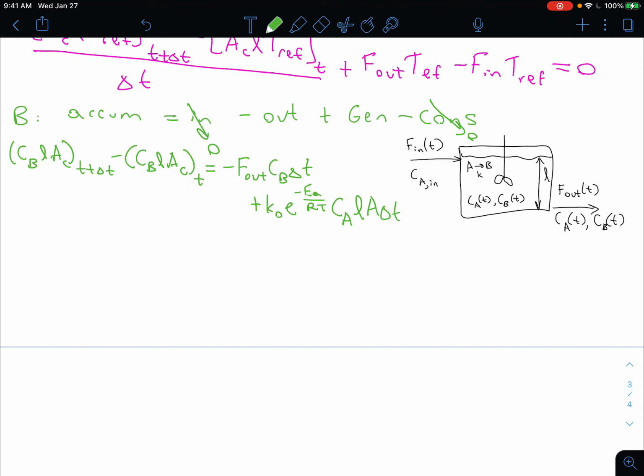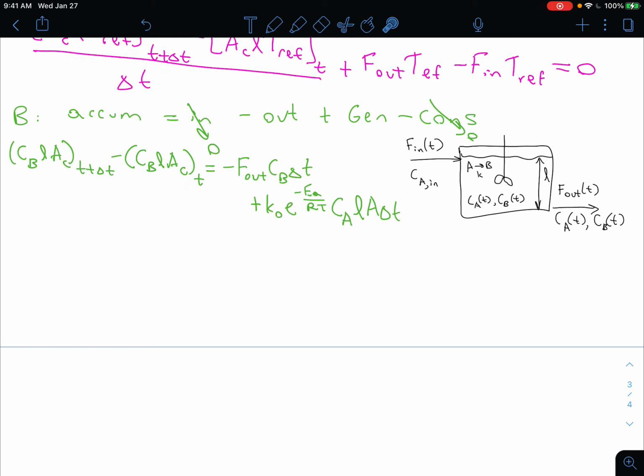Okay, so notice that the differential equation for CB as a function of T is going to depend on CA. And so earlier we said it was possible to calculate CA as a function of time without knowing CB as a function of time. That is true, but the opposite is not true.